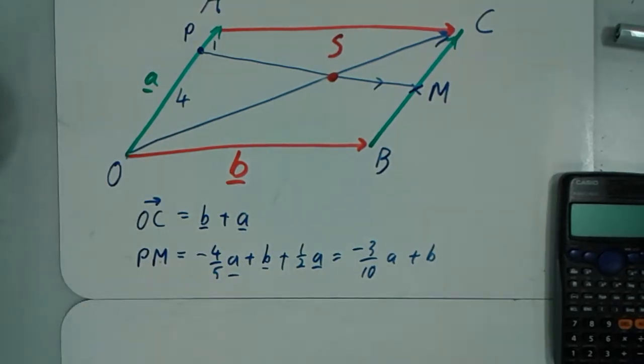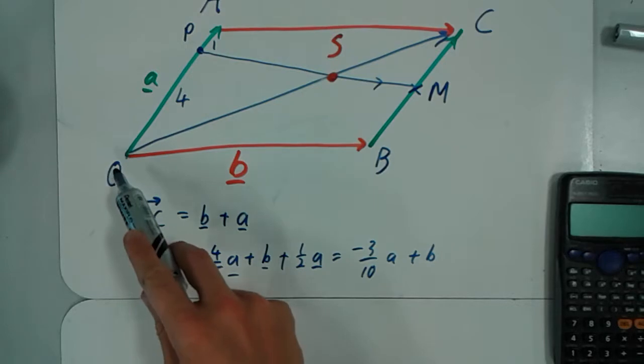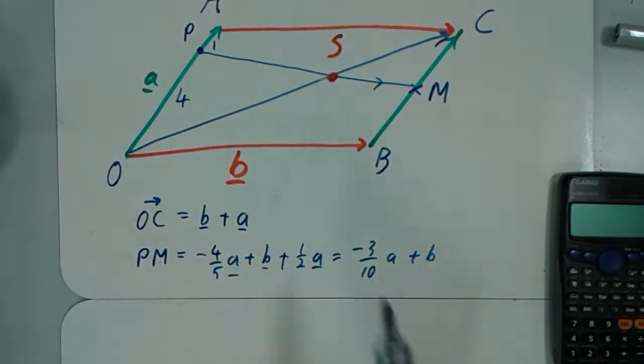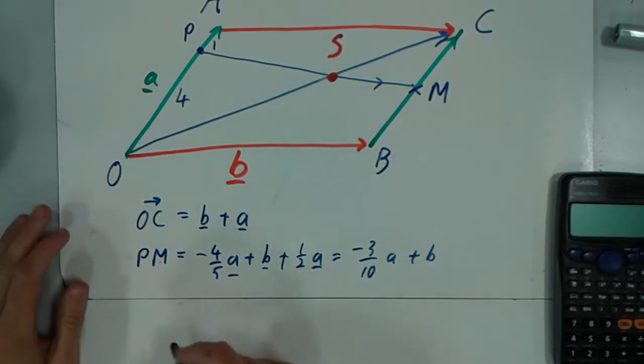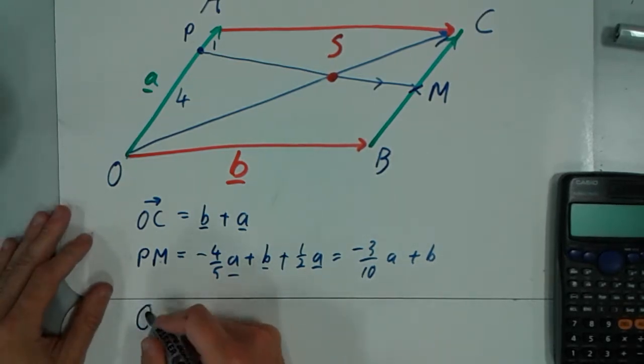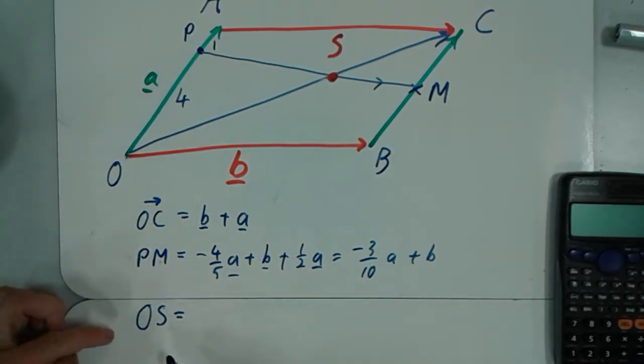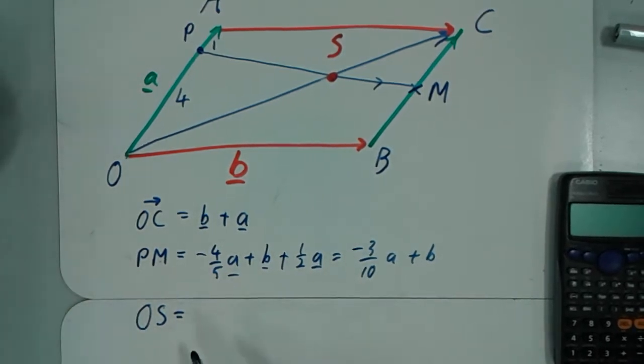The question I now want to ask is, how far along the vector O to C is the point S where these two lines intersect? Or to word it another way, what is the vector OS? So, how are we going to approach this problem?